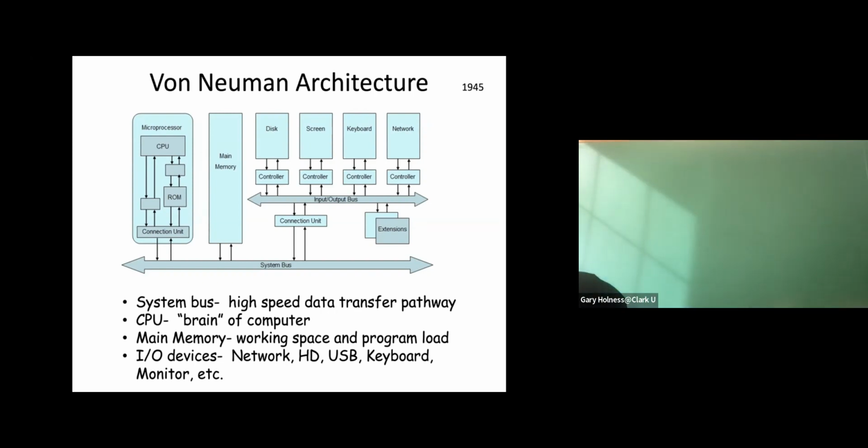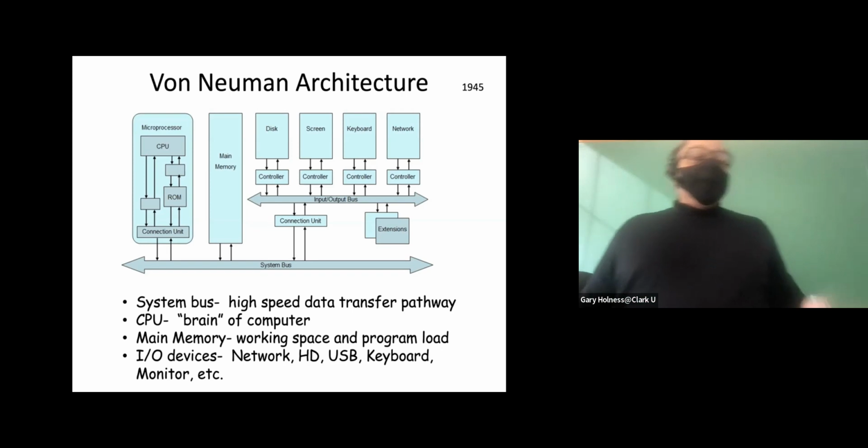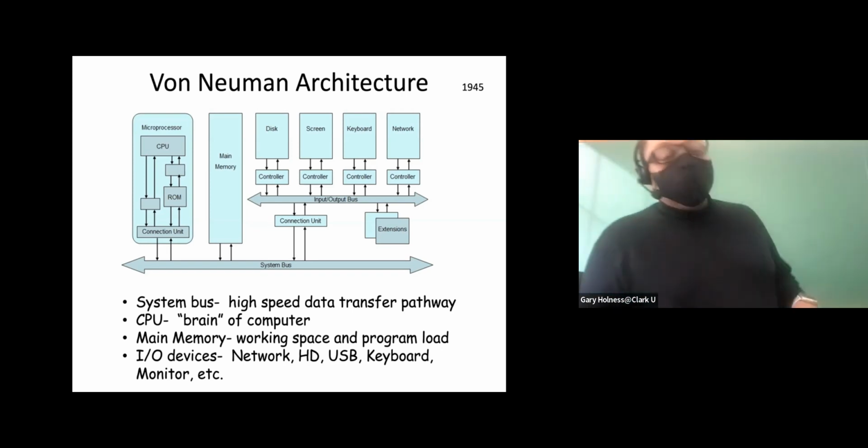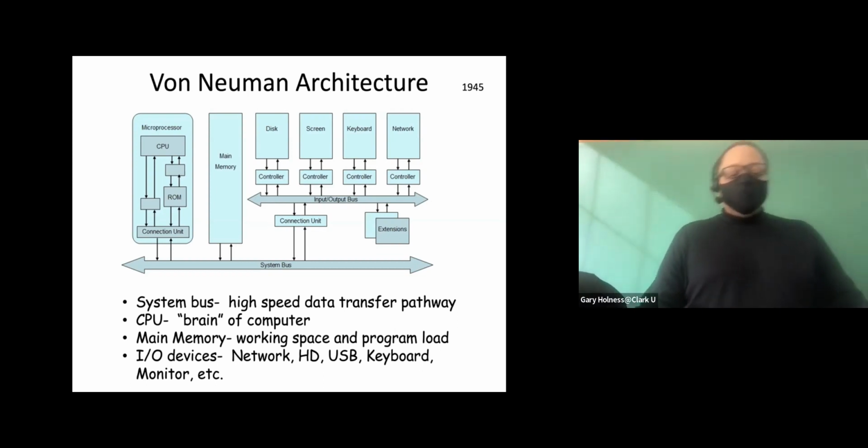And this is still how modern computers are organized today. And it'll change dramatically when quantum computing becomes a reality. But until then, we have the von Neumann or the so-called Princeton architecture.